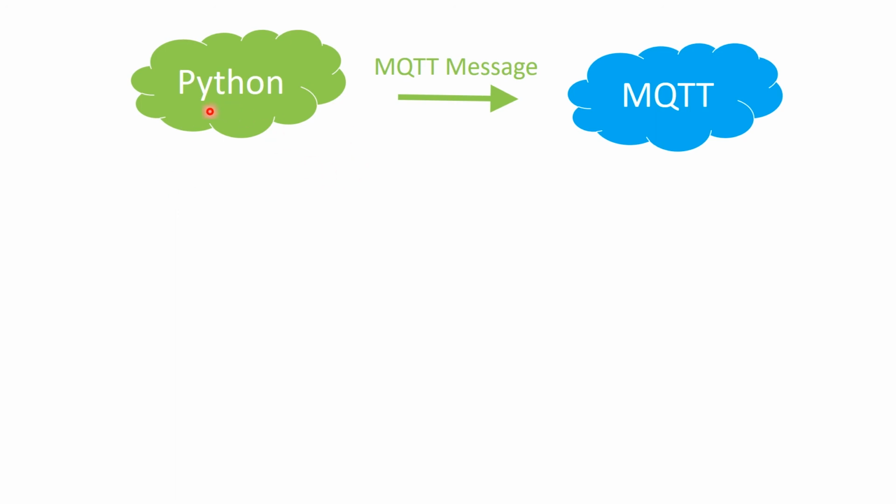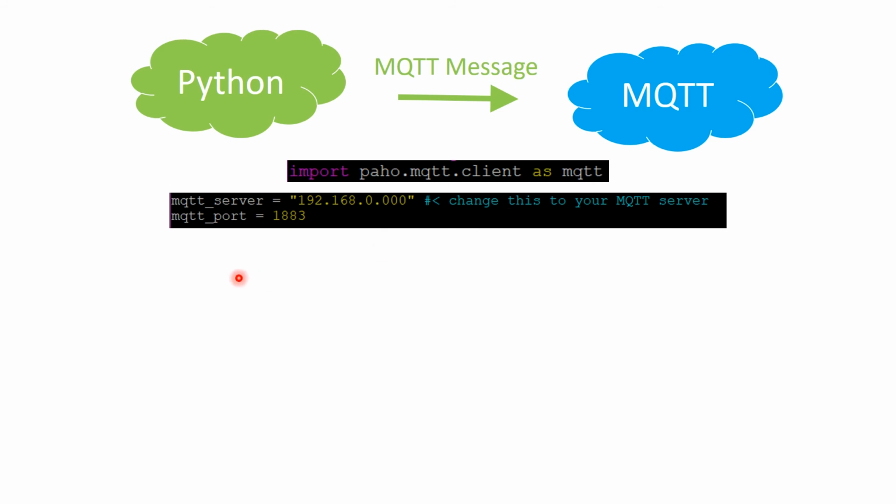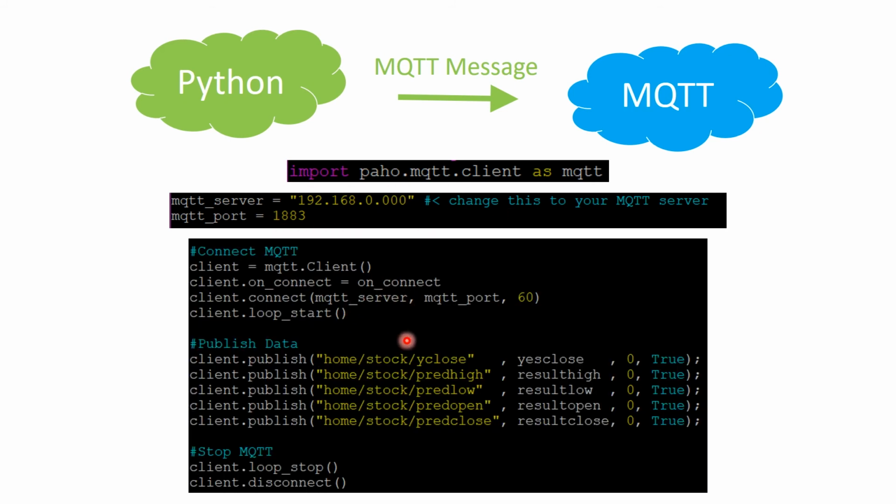What we do next is put these variables into an MQTT topic. In order to do that in Python, you need to install Paho MQTT, define your server, define the port, and then publish this particular data that you calculated. The most time consuming step is the previous step, that is your calculation of these predictions. Once that is done, it disconnects.